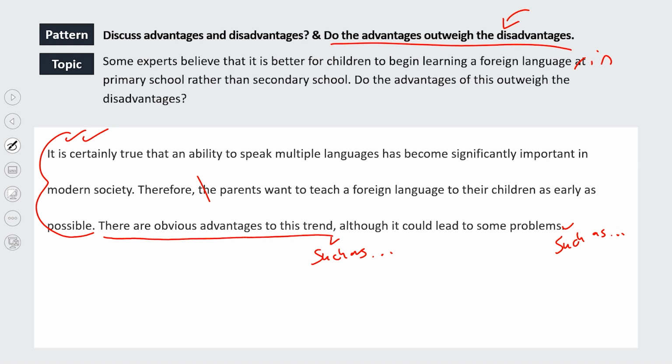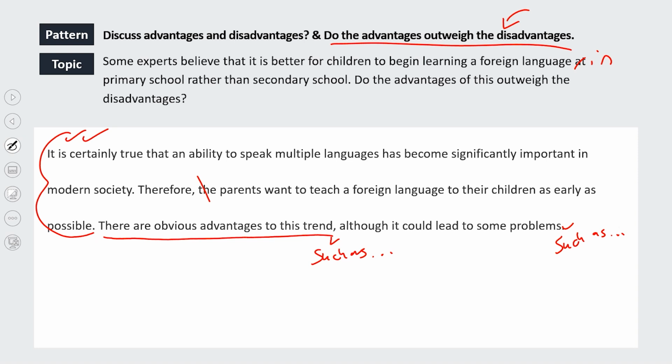Okay, so a way I commonly tell my students to phrase this sentence in their introductions is to say something like, although there are obvious advantages to this trend, such as exposure to foreign cultures, it can lead to some significant problems, or to some serious problems, such as confusion with their native language and slow development of reading.